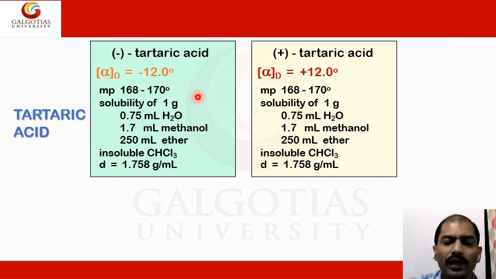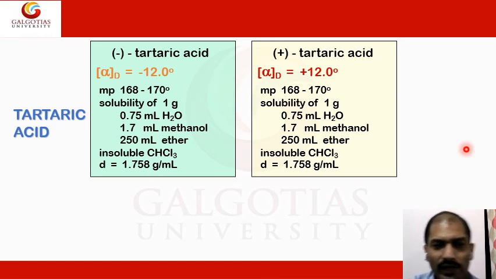They are optically active, but their rotation of the plane polarized light is different. This is what we see here with the help of the numerical problem, and that can be explained from there as well.